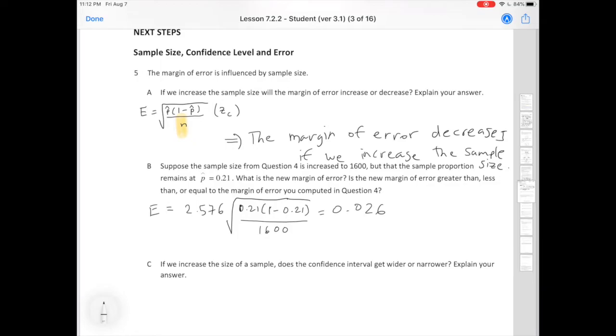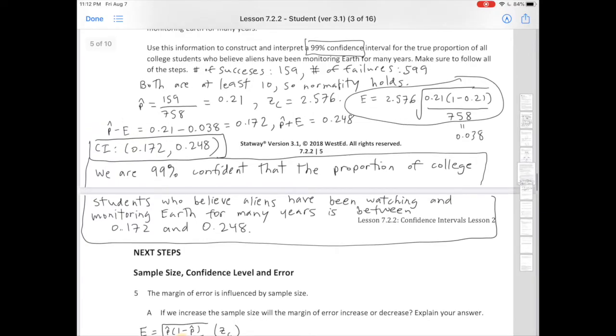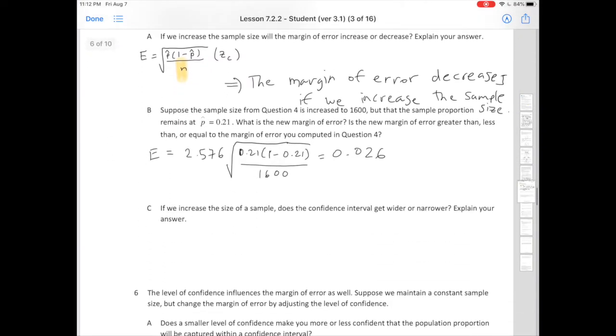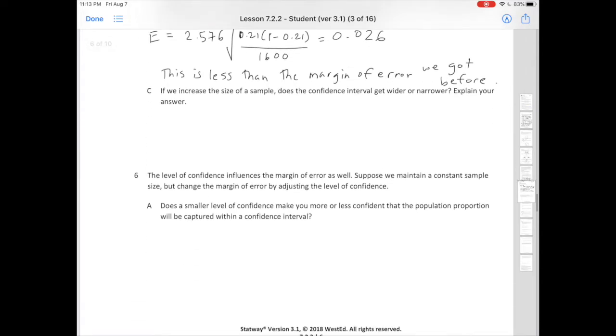Okay, so this is the new margin of error. So if we increase the sample size, we got this. And do you guys remember what it was before? Before it was 0.038. So what happened? It got smaller, right? This is less than the margin of error we got before. Okay, so we can see that the margin of error actually gets smaller as we increase the sample size.